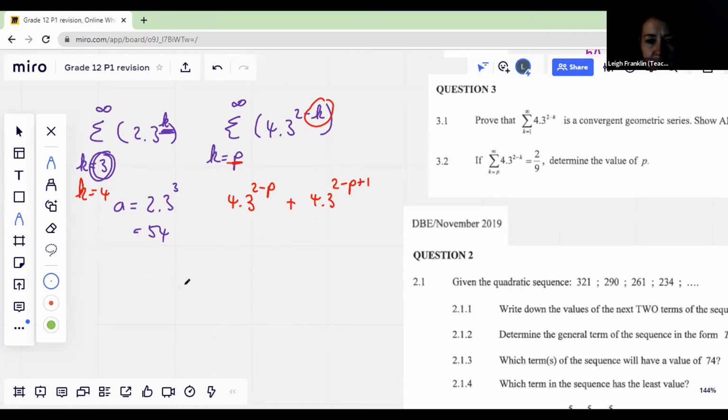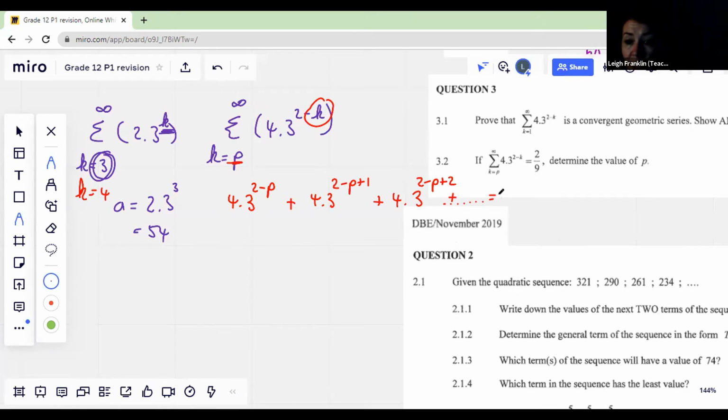Does that make sense? My third term is going to be 4 times 3 to the 2 minus P plus 2. Right? And these continually add up and add up and add up.